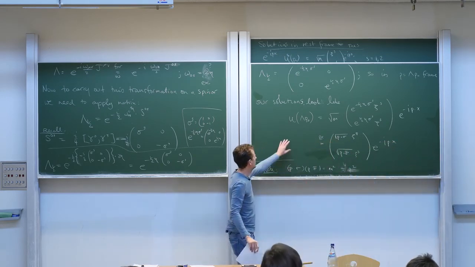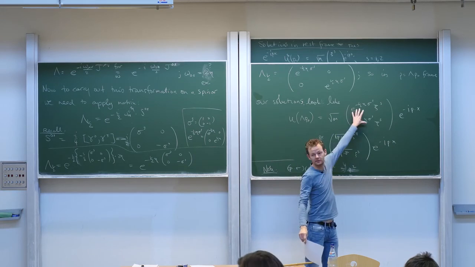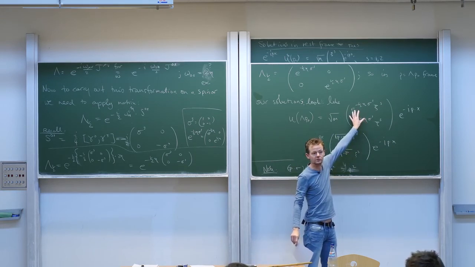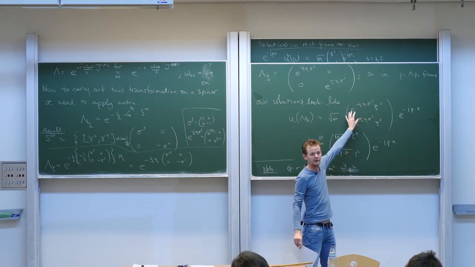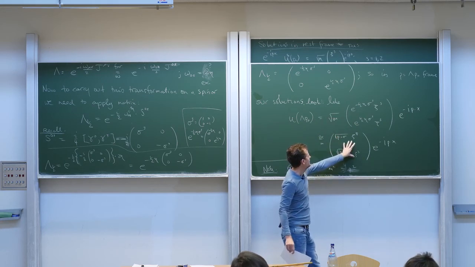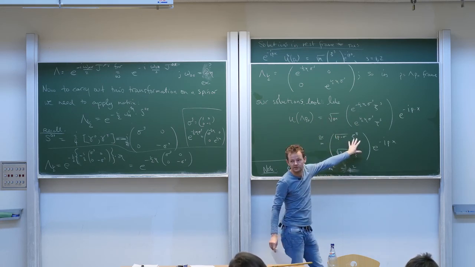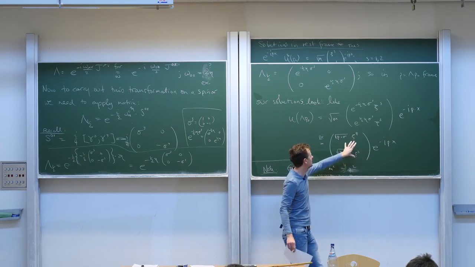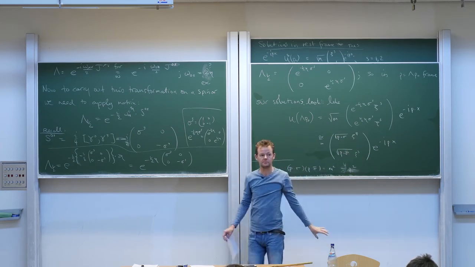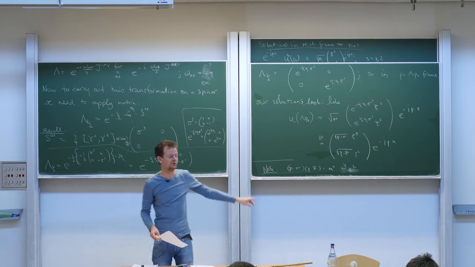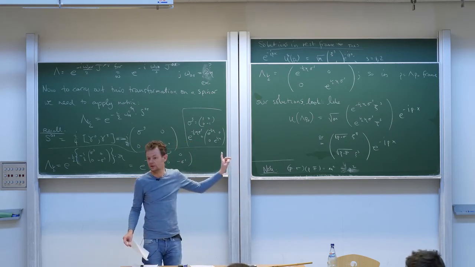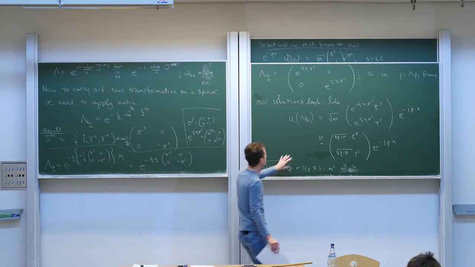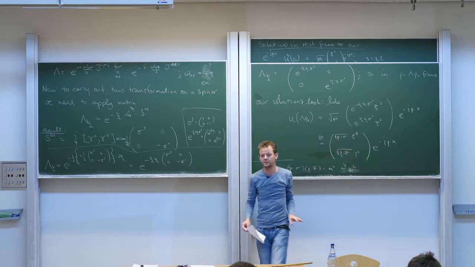Now I didn't have to do this, right? I could have just left it like this. That's also fine. That's a solution in the boosted reference frame. And writing it in this cryptic way, there was a reason for it, and that's because if I did any other boost, the solution would look exactly like this. So it happens to be true for a boost along the 3 direction. The exercise is to prove that it's true along a boost in any direction.